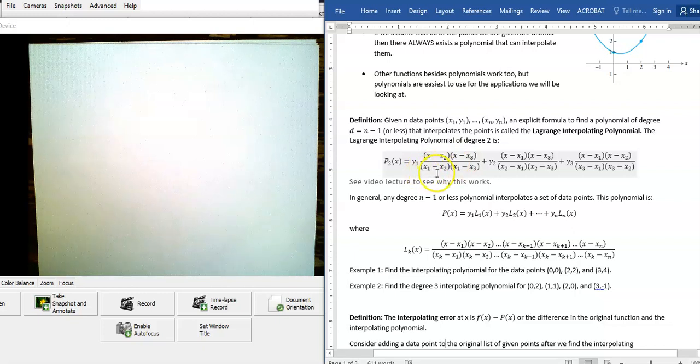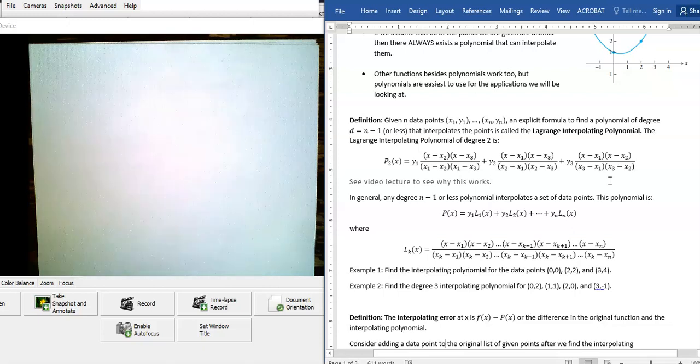On the bottom, we have basically the same factors, except x1 is substituted in. The second term is similar: the second y-coordinate times x minus x1 times x minus x3, so you can see that x2 has been omitted here. Same thing for the bottom, we just evaluate those two factors at x2. And same thing for the third one.